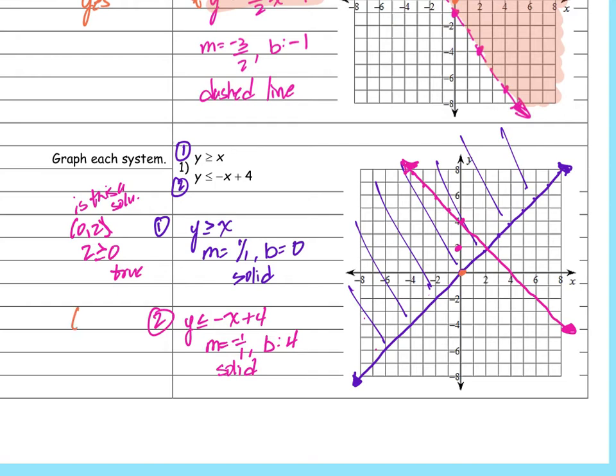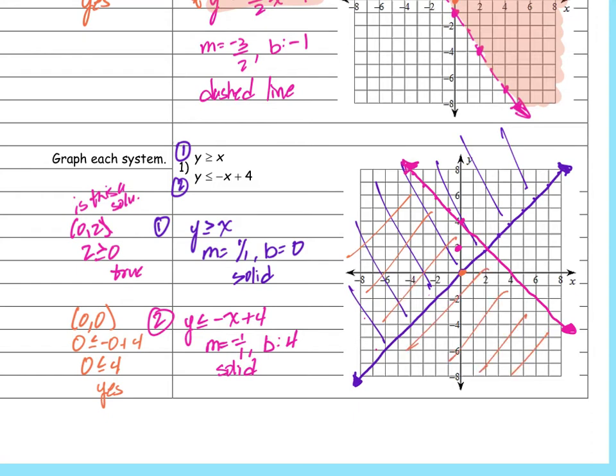So I'm plugging it in, and I've got 0 is less than or equal to negative 0 plus 4. Is 0 less than or equal to 4? Yes, it is. So I shade in the part that contains that point.